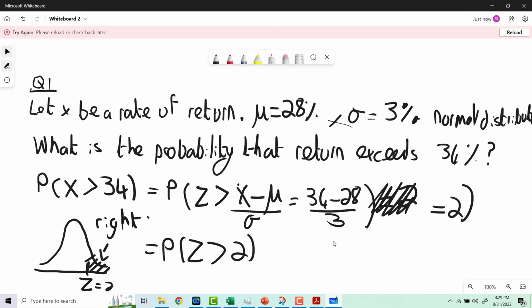So it's pretty small. A return of 34%, with 2 standard deviations above the mean, is quite unlikely.